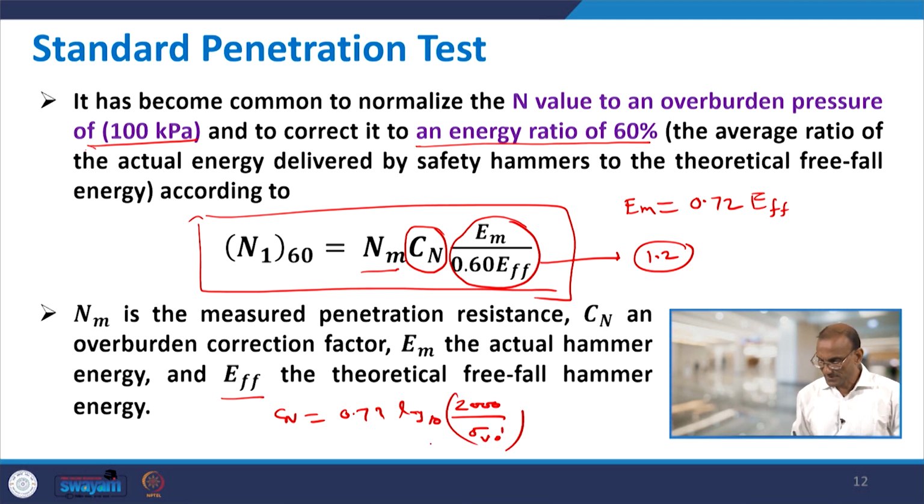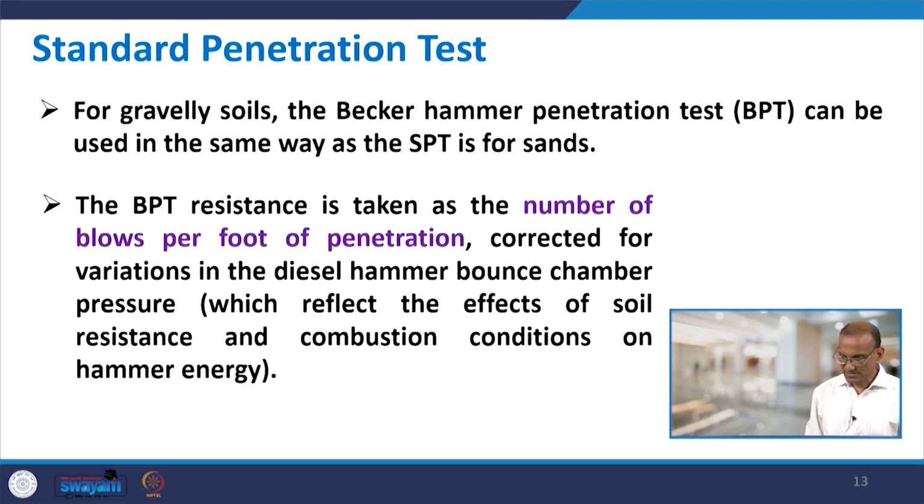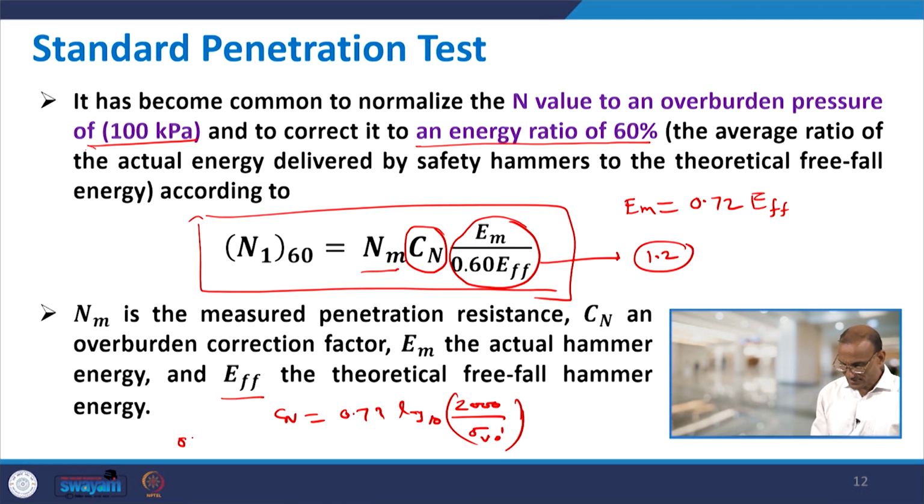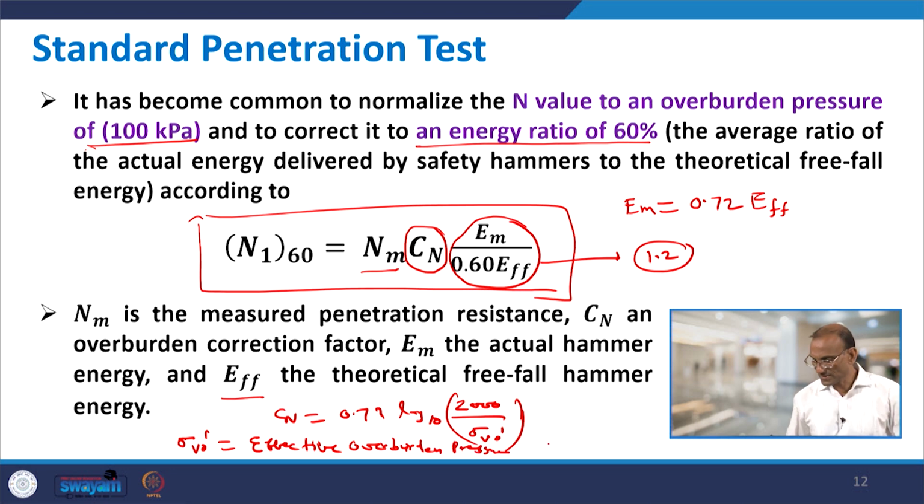So you use this equation. What is in this equation? Sigma V0 is the effective overburden pressure, and this effective overburden pressure should be in kilopascal.